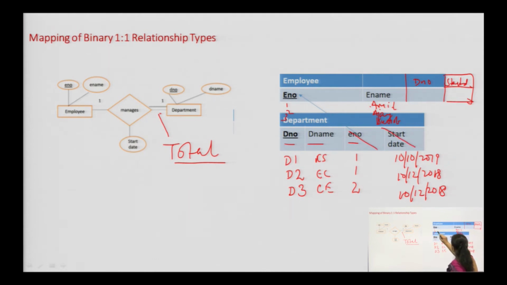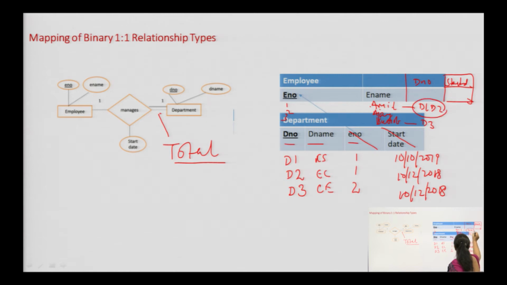So, this means ENO 1 we know manages D1. ENO 1 also manages D2, and ENO 2 manages D3, right.